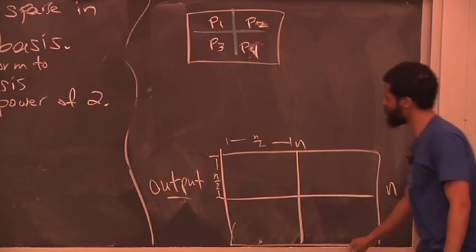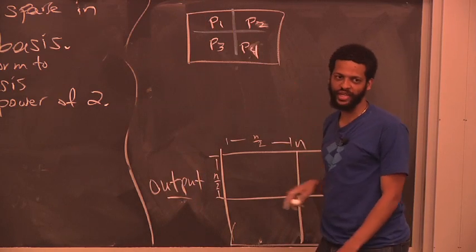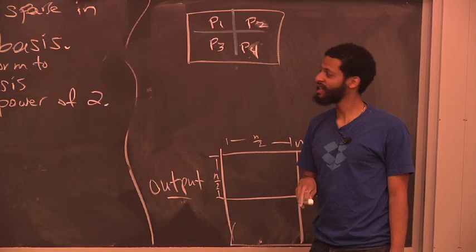So this is one of those circled blocks, and I'm labeling the 4 pixels in that 2 by 2 block.